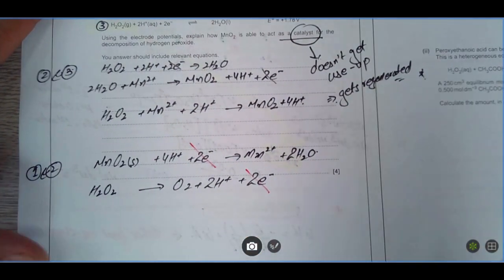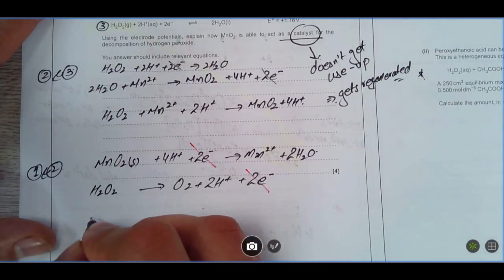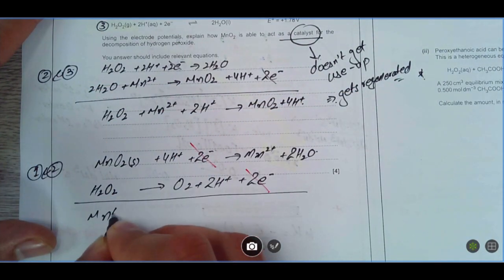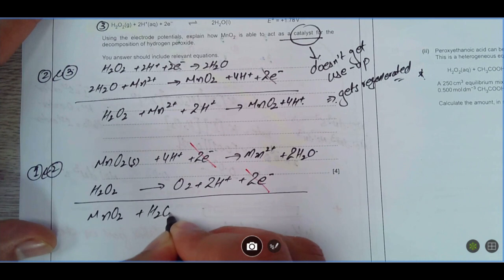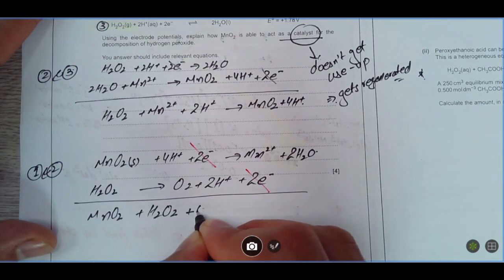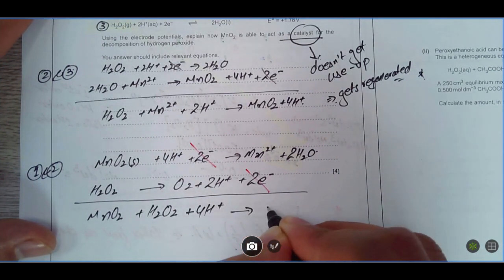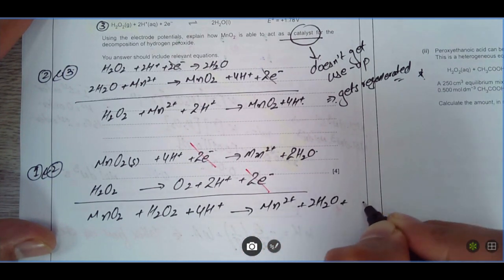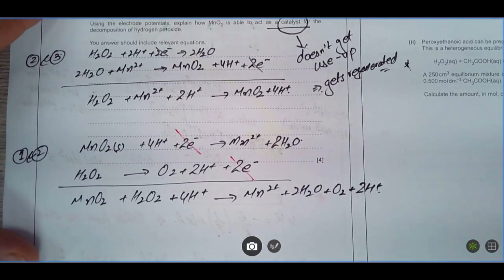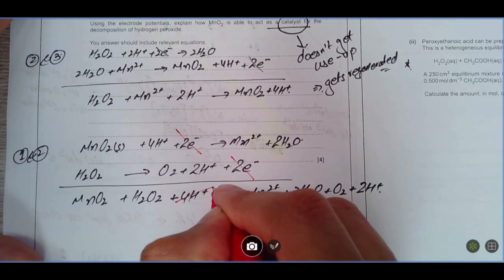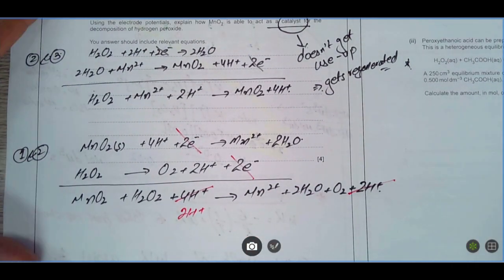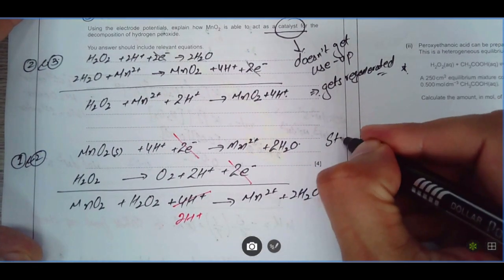What will I now have? The overall equation will be MnO2 plus H2O2 plus 4H positive giving me Mn2 plus 2H2O plus O2 plus 2H positive. You can then simplify this a little bit more by cancelling the 2H positive. Now, this will be my step 1 of the reaction.